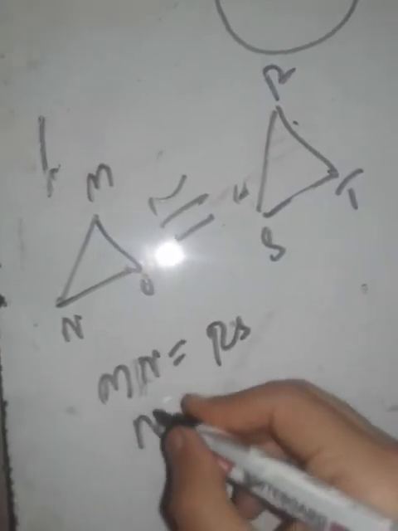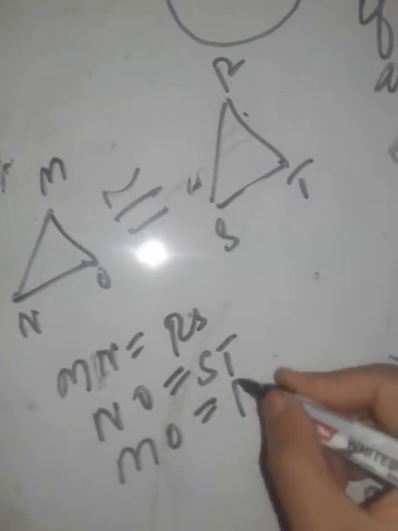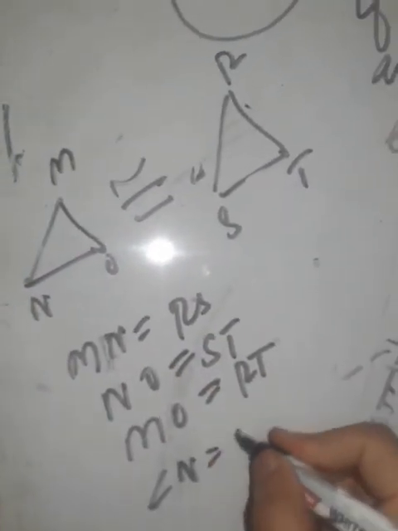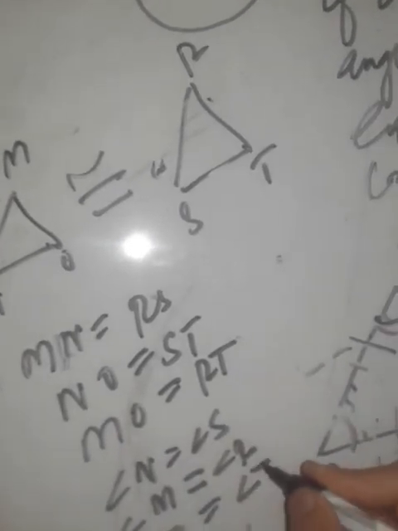That is MN equals RS, MO equals RT, NO equals ST. Again, angle M equals angle R, angle N equals angle S, angle O equals angle T.